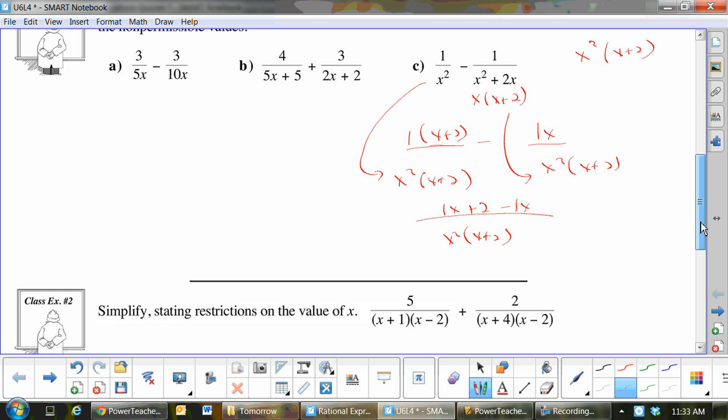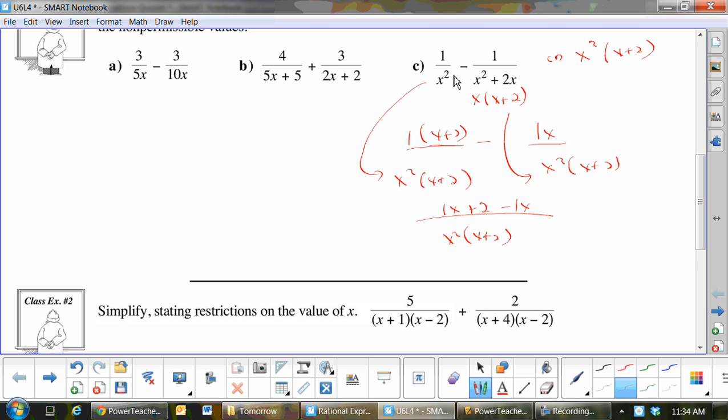Well, what I did was I looked at these two things. The question that I would ask is, how can I make both of these be in together? This one has an x squared and an x plus 2, right?